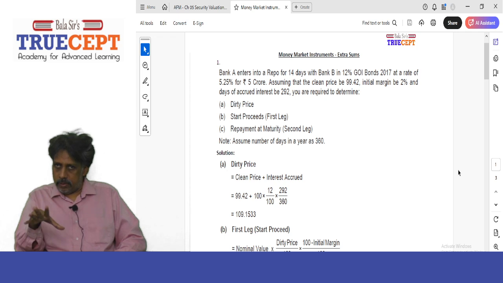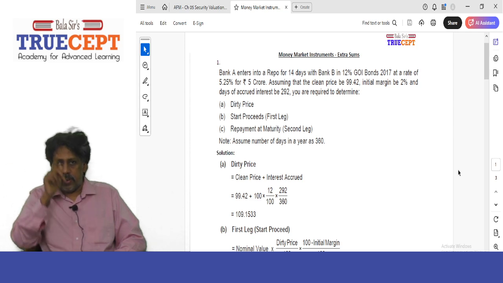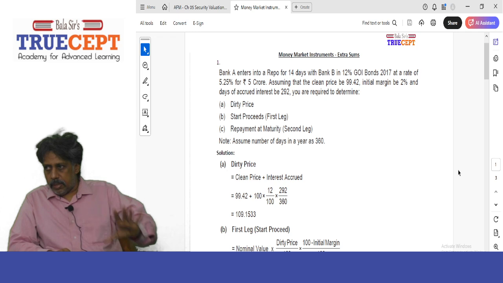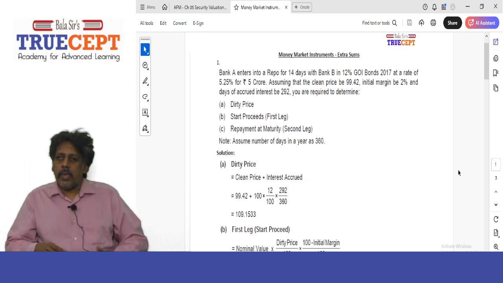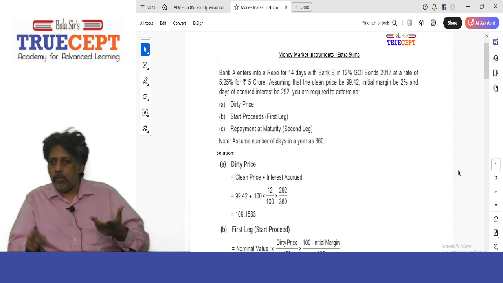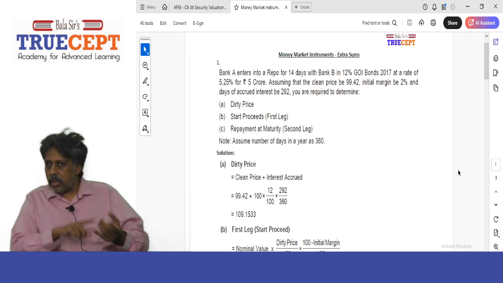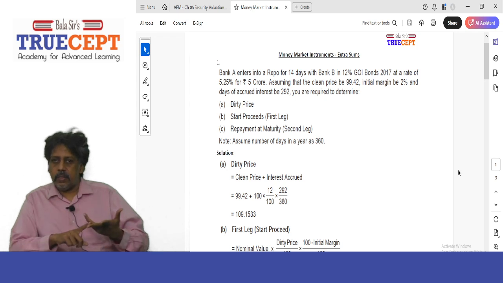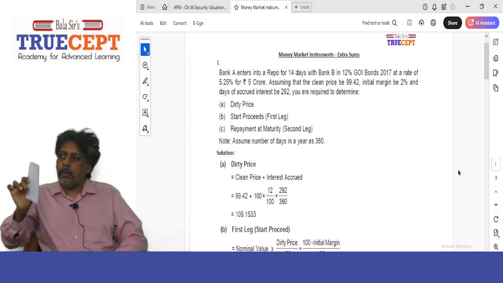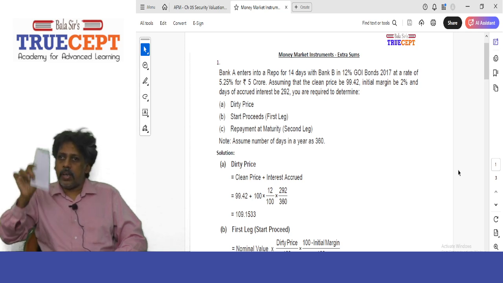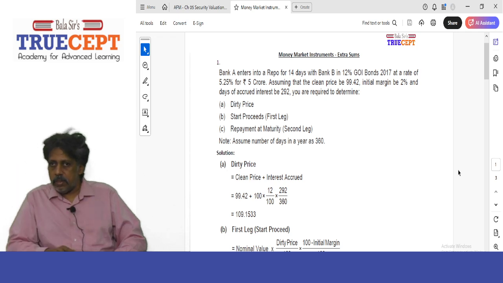Now what will be the price or the market value of these investments? You have to find out. It is given that the clean price of these bonds is rupees 99.42, and that is a clean price. But please remember, the market value of a government bond will not be just the clean price, which is ex-interest.